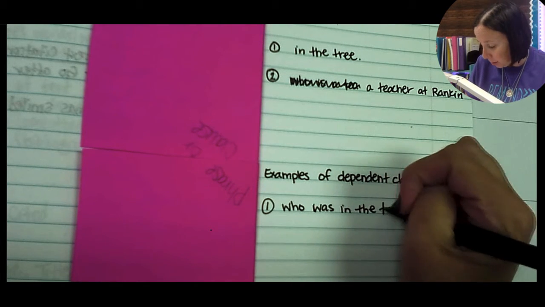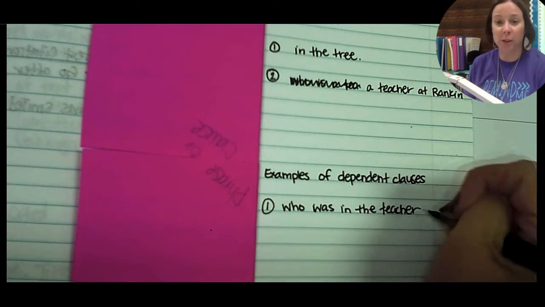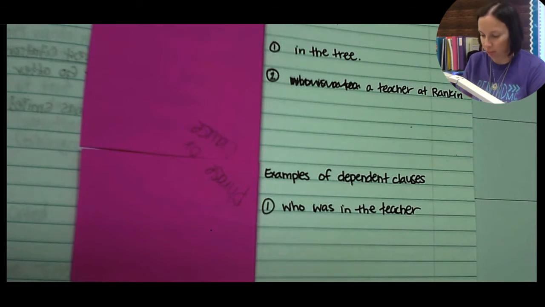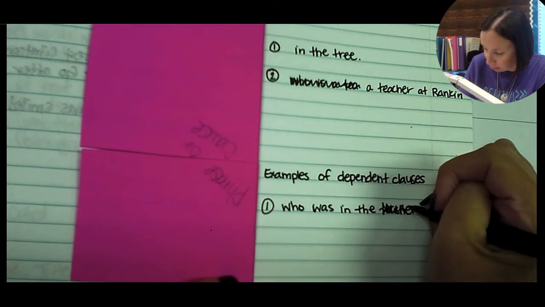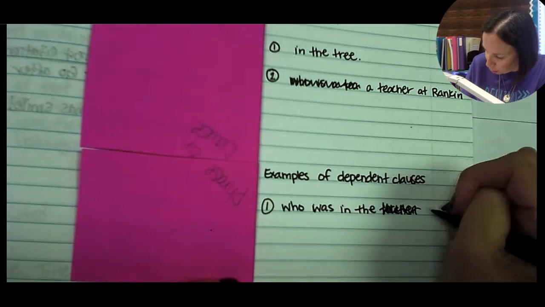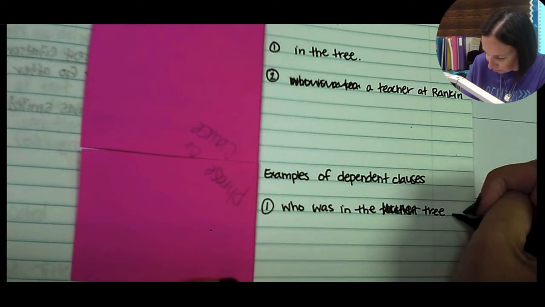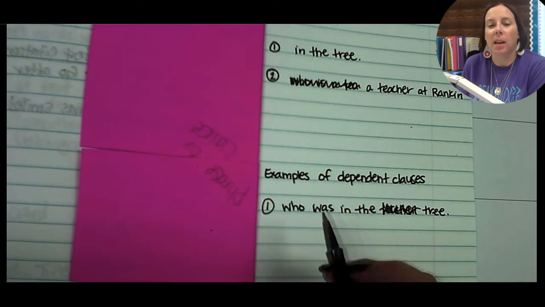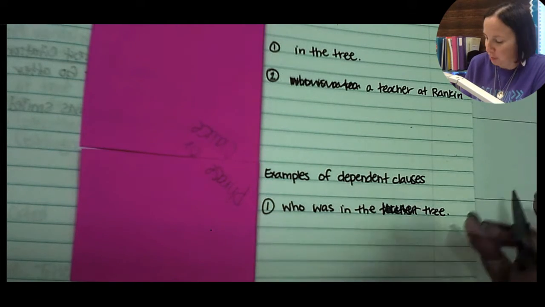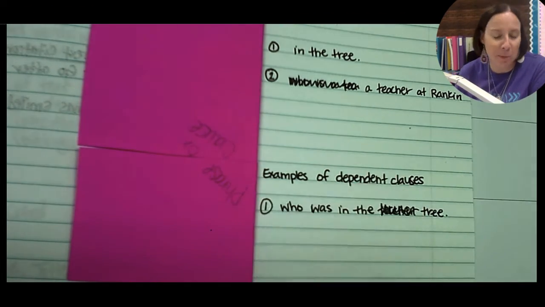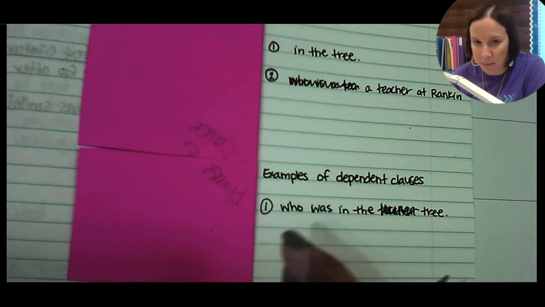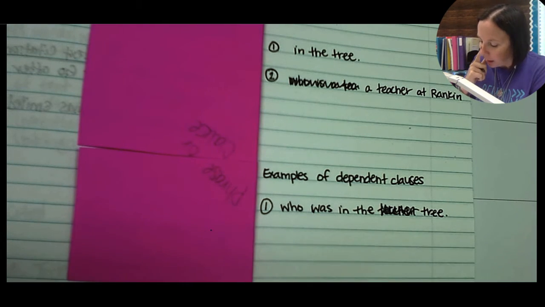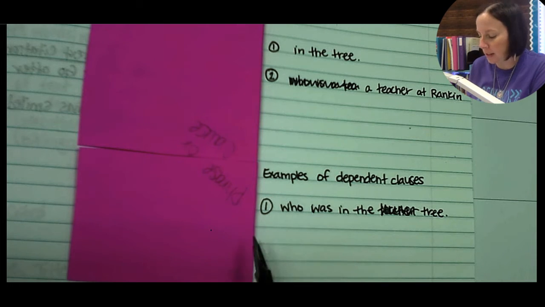Now, if this was a question, like who was in the tree? Okay. If I was asking a question and I put a question mark over here and I capitalize this, it would actually be a complete sentence. But that's not what I'm doing here. Okay. I'm saying blank was in the tree.